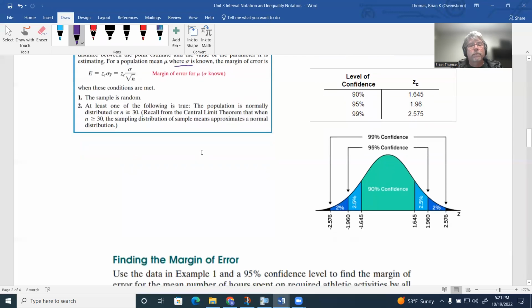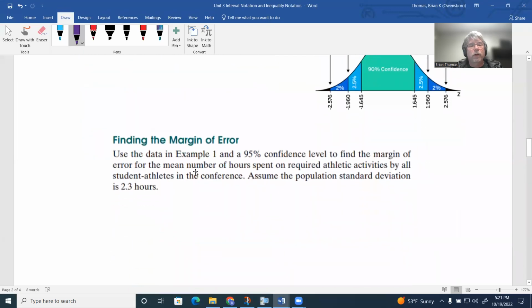So if I want to look at this example here: use the data in example 1 and a 95% confidence level to find the margin of error for the mean number of hours spent on the required athletic activities by all student athletes in the conference. Assume the population standard deviation is given.